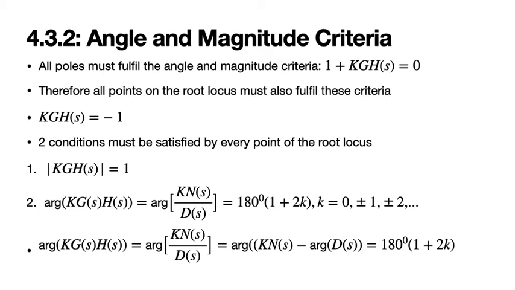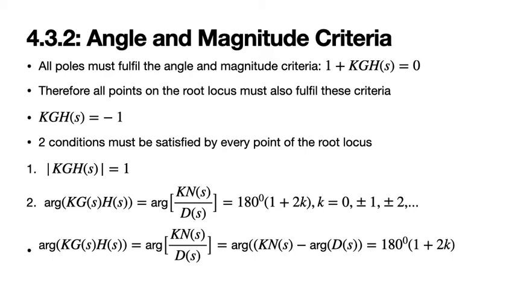What does it mean? From this characteristic equation, we can say that KGHS must equal minus 1. For KGHS equal to minus 1, two conditions must be satisfied by every point of the root locus.